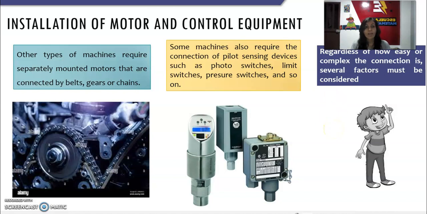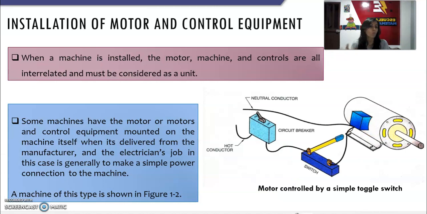Until now, we have seen that motors can be of several types. One of them is just a simple motor with one toggle switch and protection devices, or you can have several motors that you have to size according to your application and all the devices that it is going to need, depending on what you want them to do.